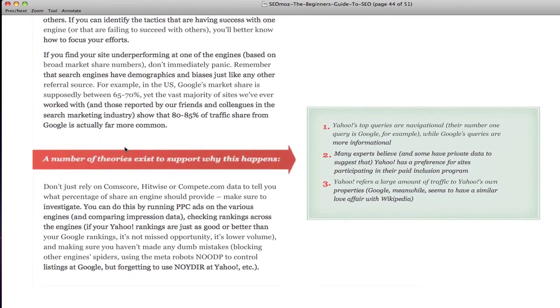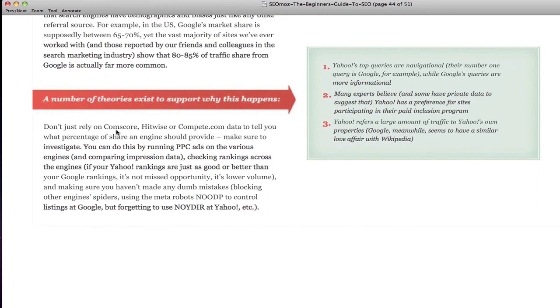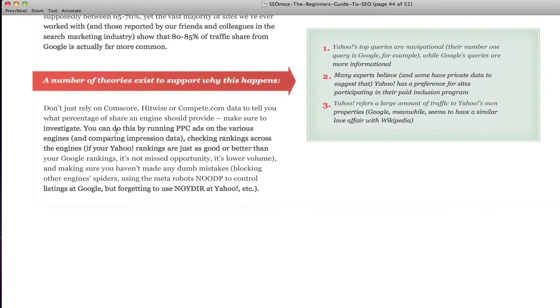And you also have to understand here that if your site is underperforming at one of the search engines, don't panic. The search engines have specific demographics and biases. So Google's market share normally in the US, as I said before, is between 65 and 70%. But SEOmoz says that in all of its statistics, it's really getting 80 to 85% of its traffic from Google. So you have to measure it according to your own business and your own niche and business sector.